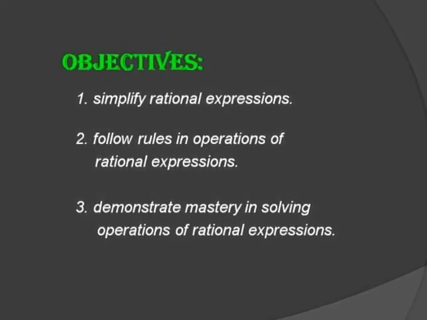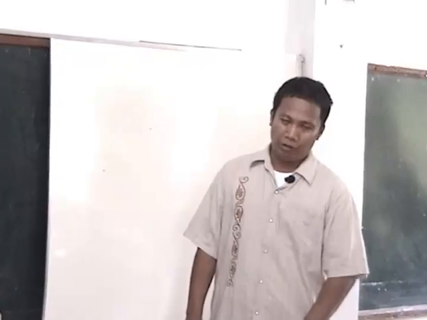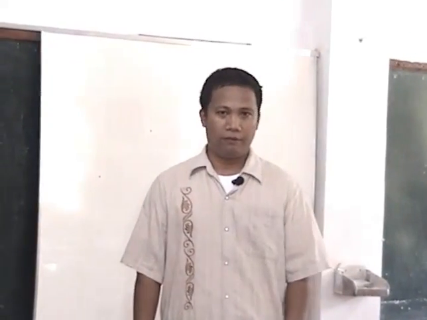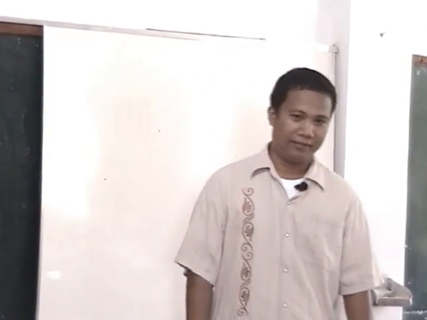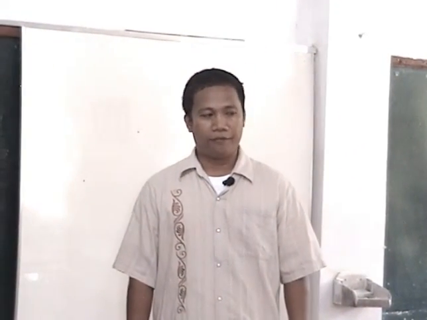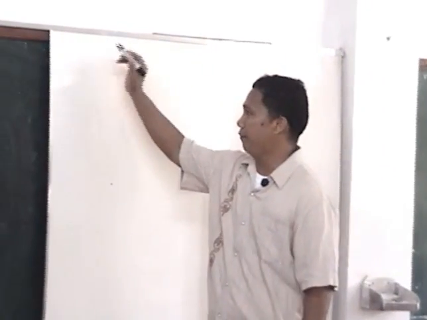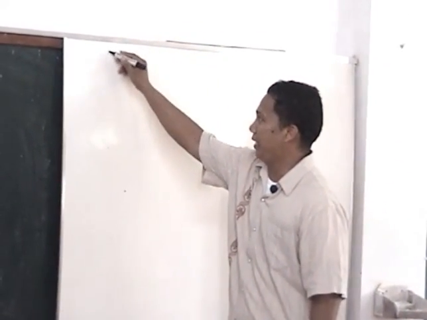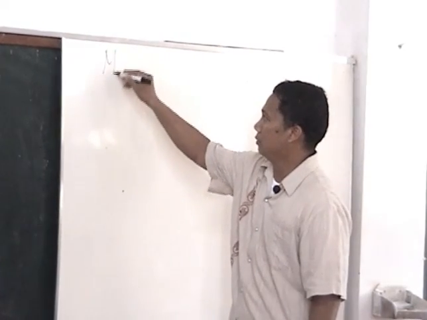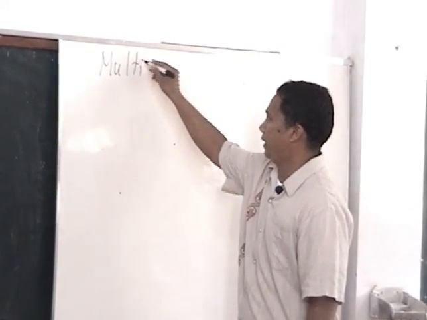Naturally, when you are talking about operations, you are talking about the 4 fundamental operations in math. And all of us know that the 4 fundamental operations include the first topic, which is multiplication.